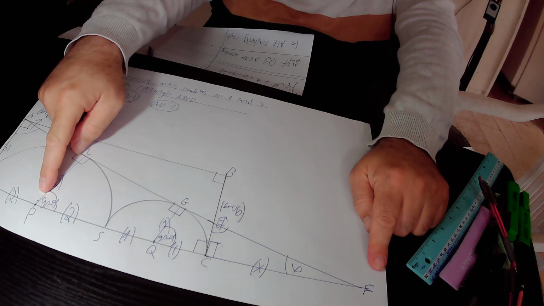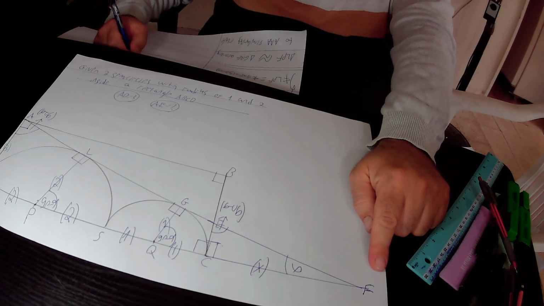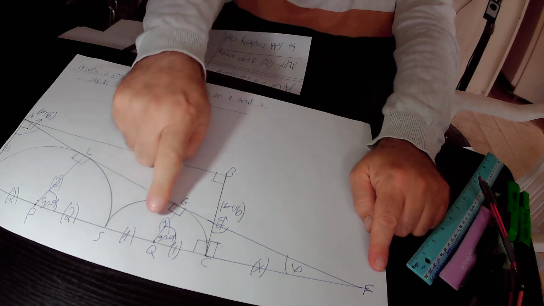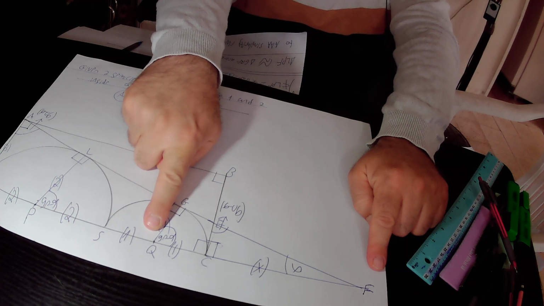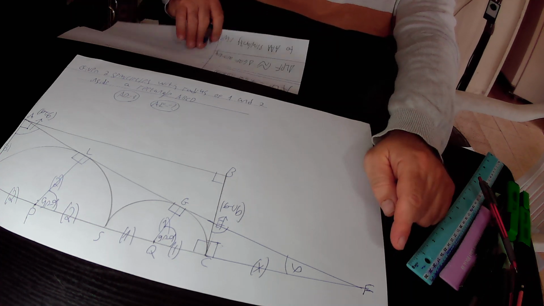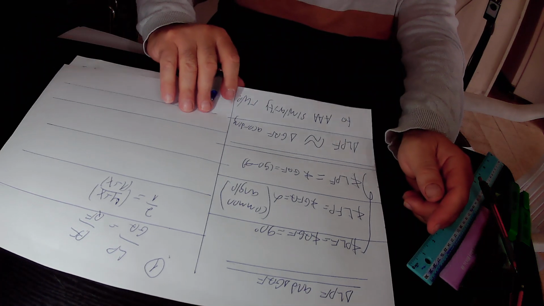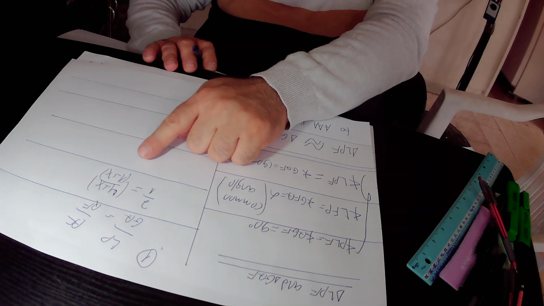So PF in total equals 4 plus x, over QF. QF in total equals 1 plus x. So, in conclusion, we find that 2 equals 4 plus x over 1 plus x.